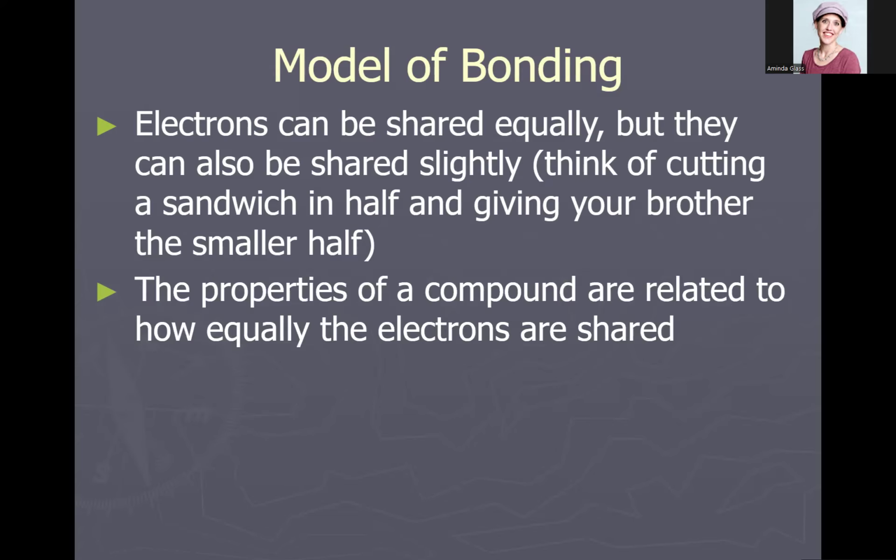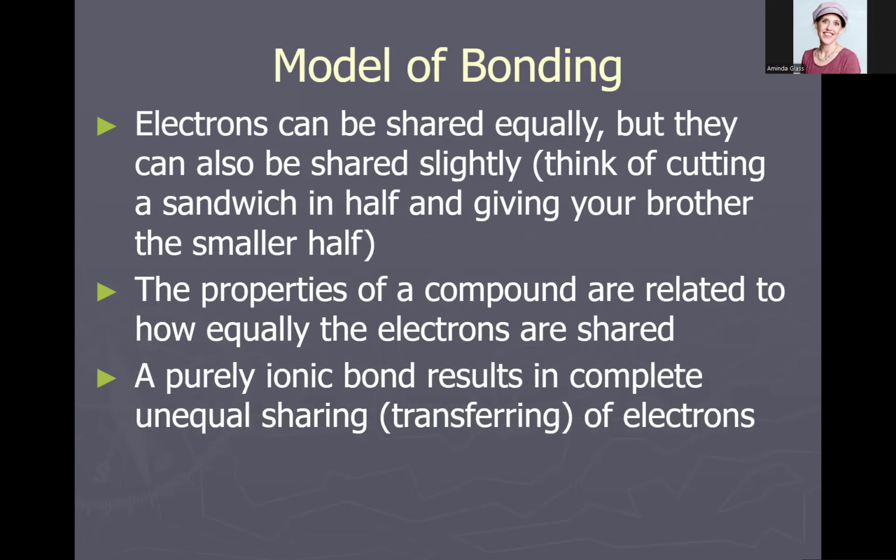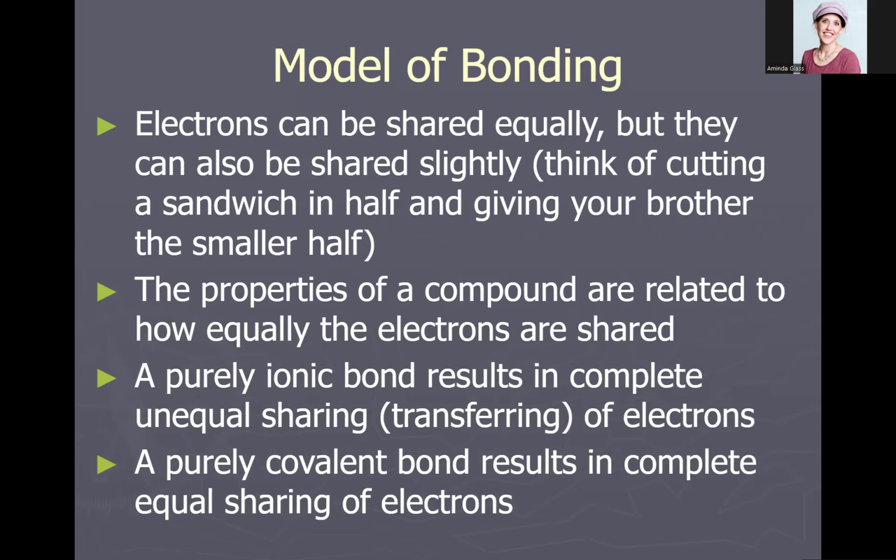Now, the properties of a compound are related to how equally the electrons are shared. If you have a purely ionic bond, that means you have zero sharing. It's actually a transferring of electrons. That's what happens between metals and nonmetals. If you have a purely covalent bond, it's complete equal sharing of electrons.